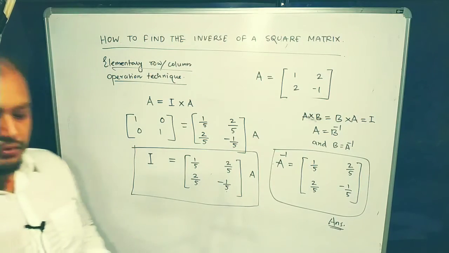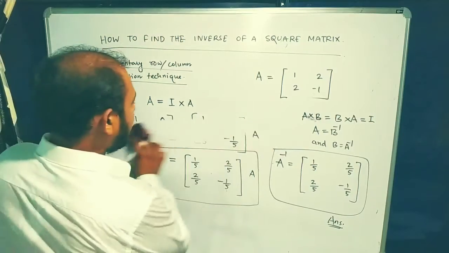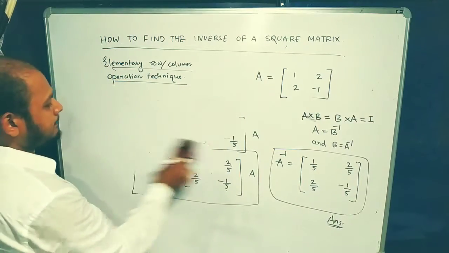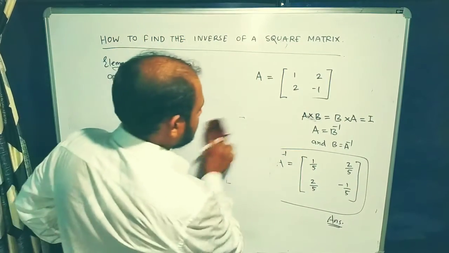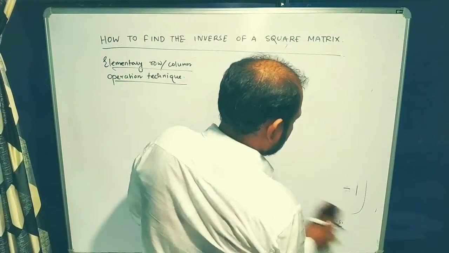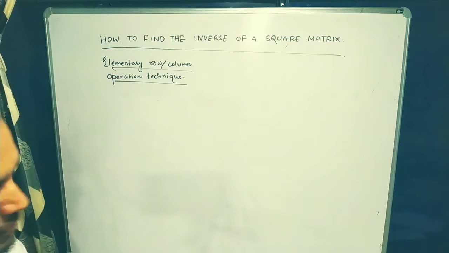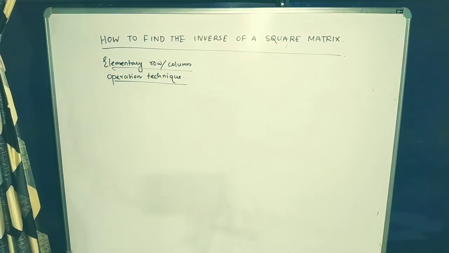I hope it must be clear to you right now. Let us solve another example. You have to watch this video again and again, because as I have told you before, this is the most important class and it involves a lot of operations on inverse of a matrix.